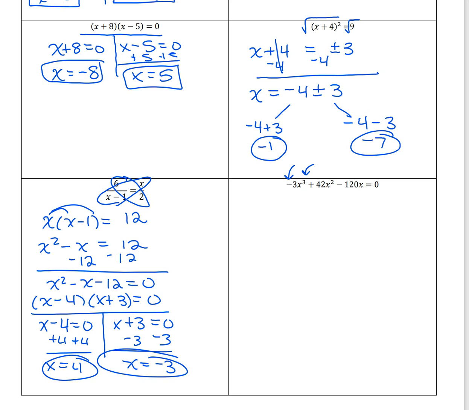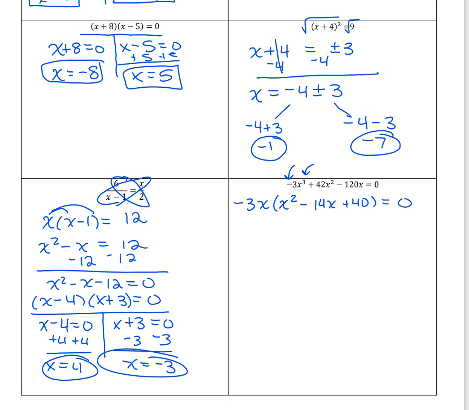Okay, so I'm going to pull out a GCF of negative 3x. When I pull out a negative 3x, I'll have a resulting x squared minus 14x, and then negative 3x goes into negative 120, positive 40 times.